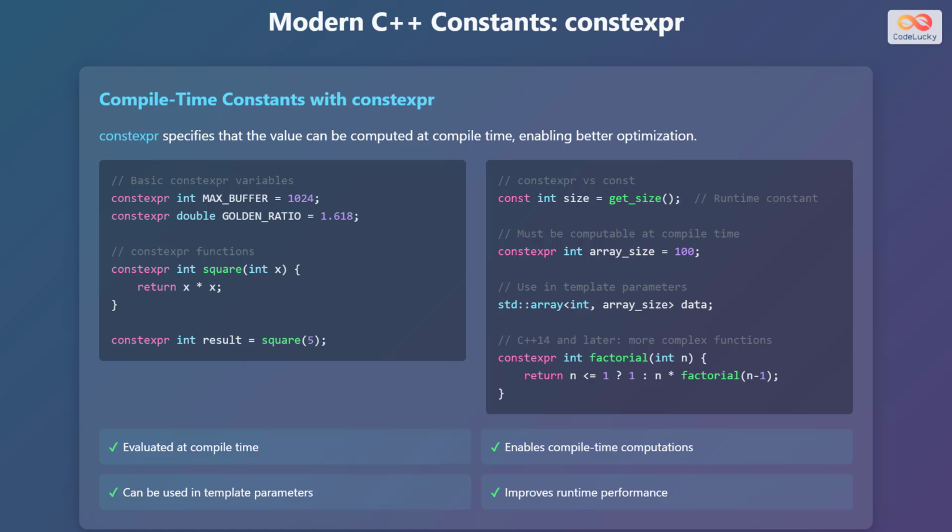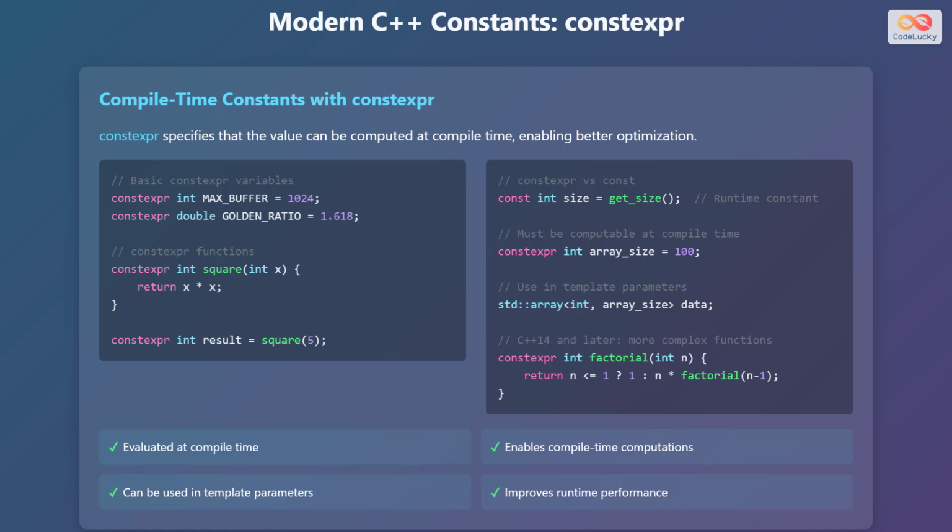Let's explore modern C++ constants using constexpr. Constexpr specifies that the value can be computed at compile time, enabling better optimization. This is a more modern and efficient way to define constants in C++. For example, we can declare a constexpr integer max_buffer and assign it the value 1024.